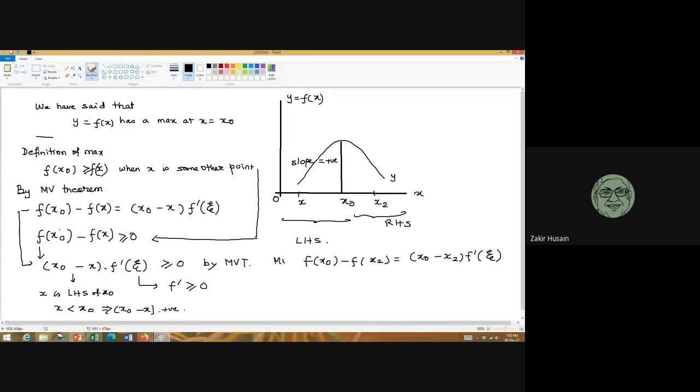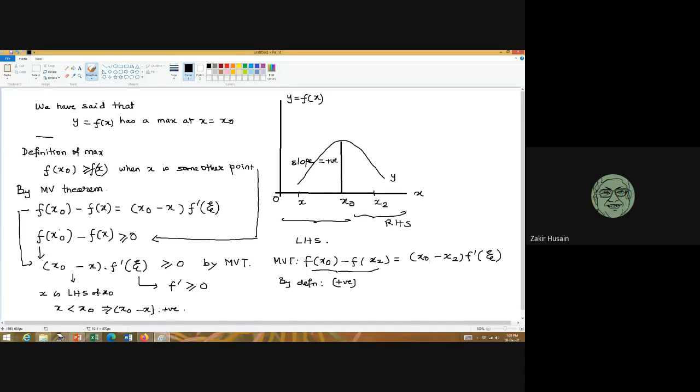Okay, this is the mean value theorem. Now, what is this? Positive, negative, less than 0? Using this definition, positive. By definition, this is positive. Therefore, this also has to be positive.